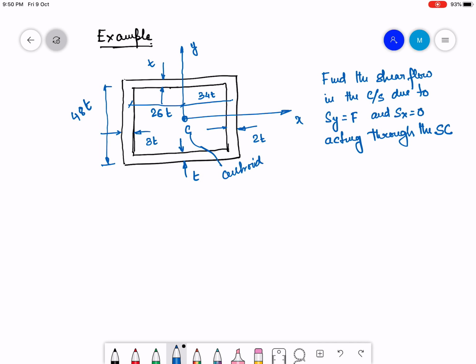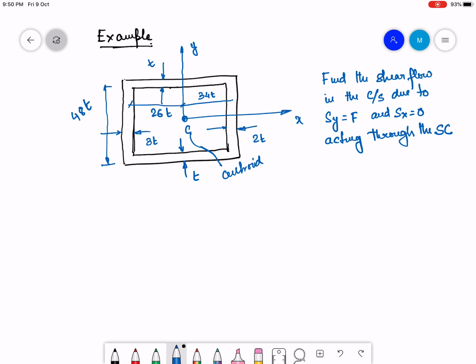Okay, so the problem states that I have this rectangular thin wall cross section beam, and the externally applied shear forces that act on the beam are Sy, which is equal to F, and the shear force in x direction is 0, and this shear force Sy is acting through the shear center of the cross section.